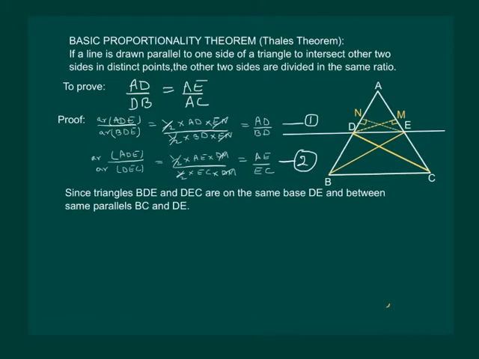Now, since triangles BDE and DEC are between the same parallels and on the same base, the area of triangle BDE is equal to the area of triangle DEC.